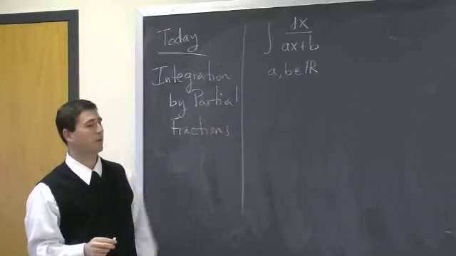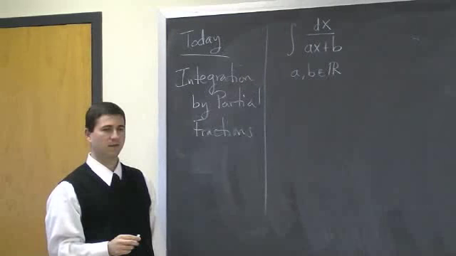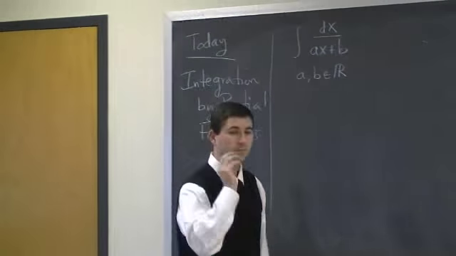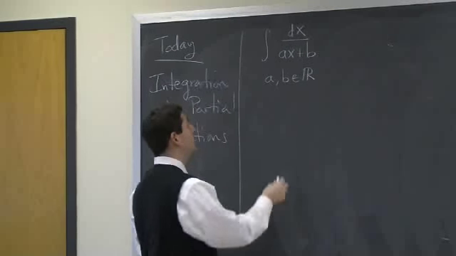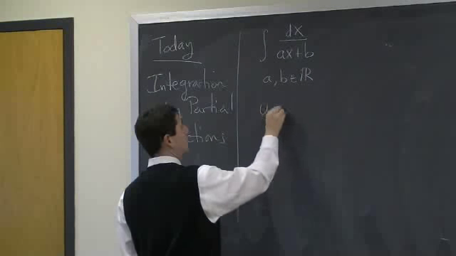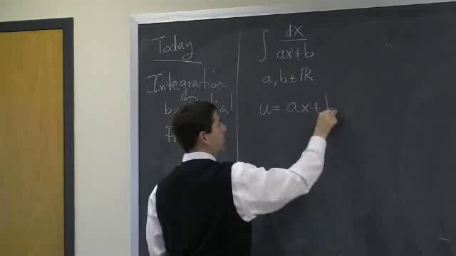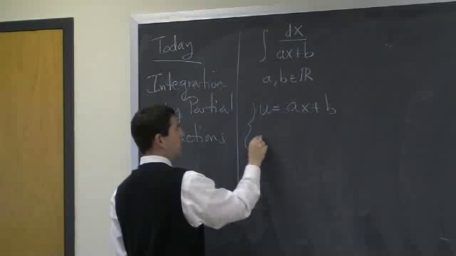What would I like to do to solve this? Substitution, exactly. And what would be, say, my u? Ax plus b. Okay. Not so many choices. And so what will my du be?